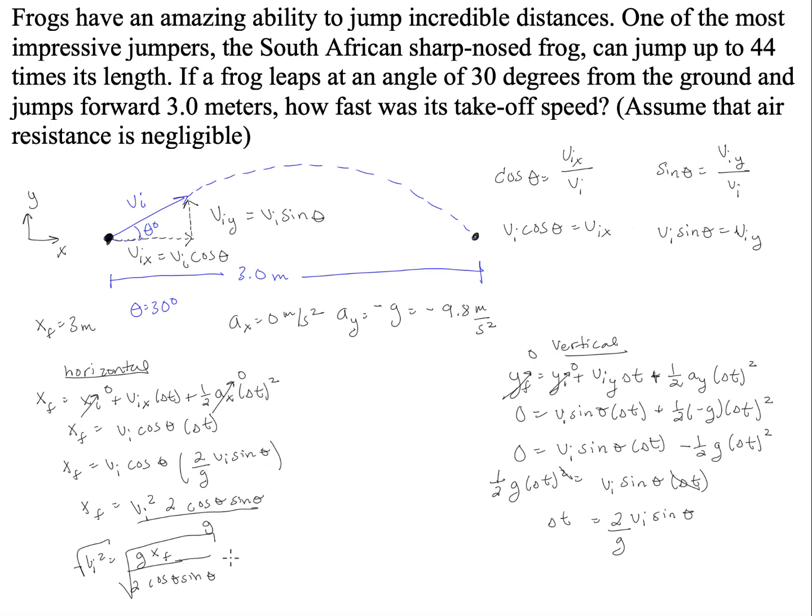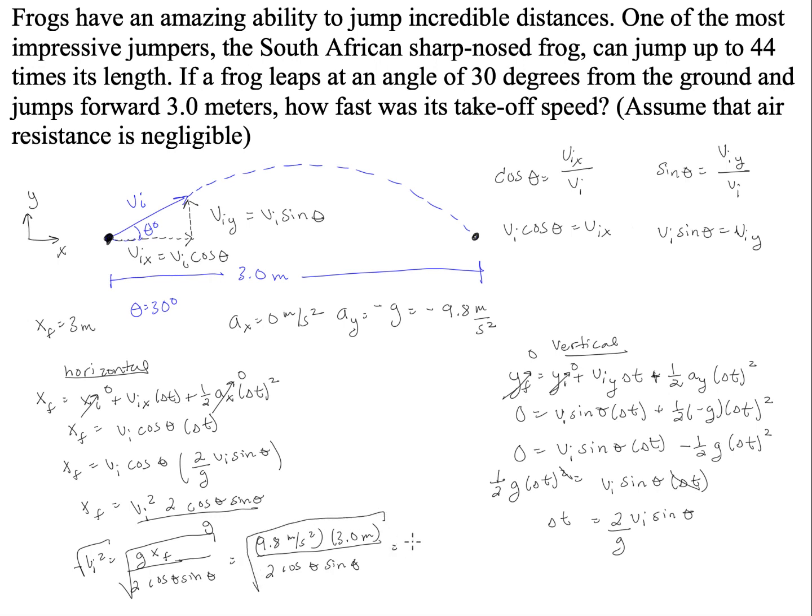But if we want to plug in numbers, we see that that is 9.8 meters per second squared times 3.0 meters. And we have a 2 cosine theta sine theta under the square root.